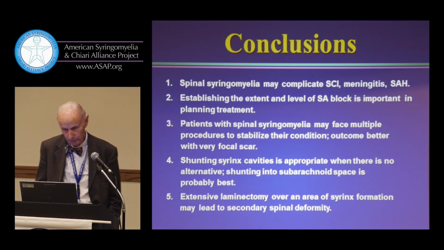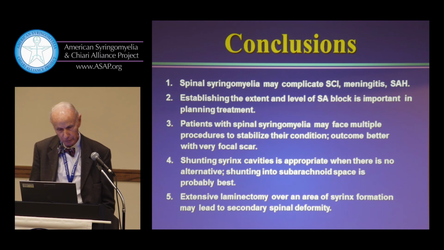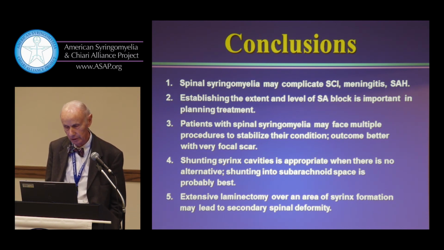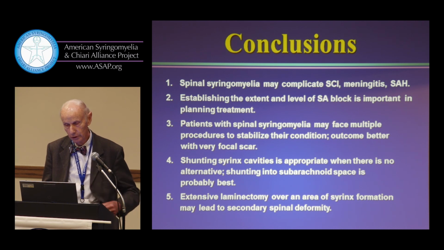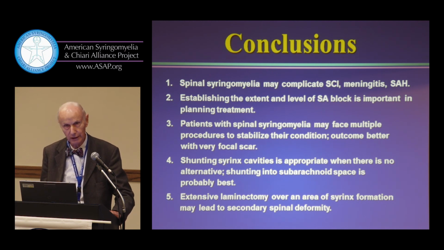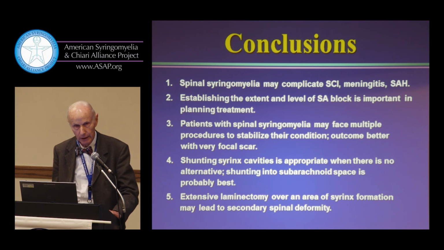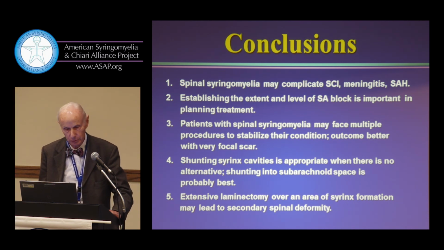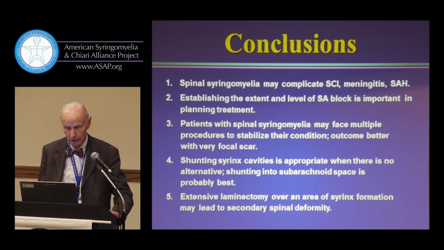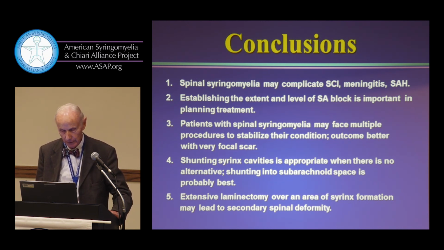So in conclusion, spinal syringomyelia or primary spinal syringomyelia may complicate spinal cord injury, meningitis, or subarachnoid hemorrhage. And it's important to establish the extent and the level of the subarachnoid block. Patients may face multiple procedures to stabilize the condition because of the complications that I've listed.